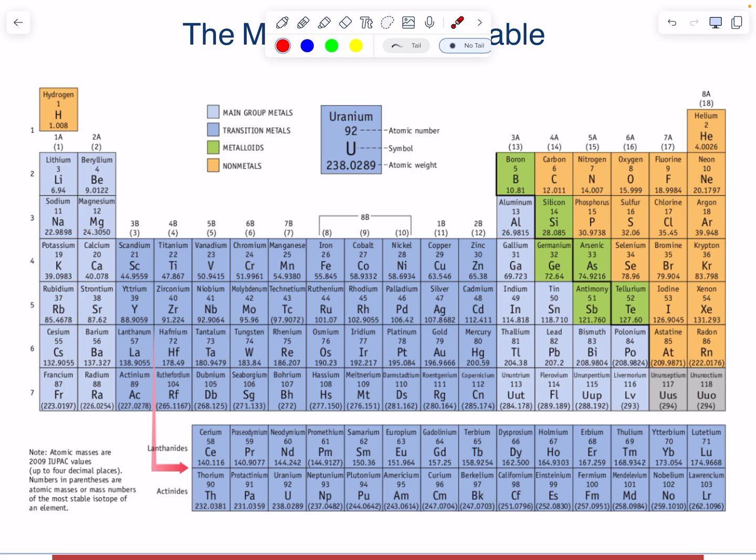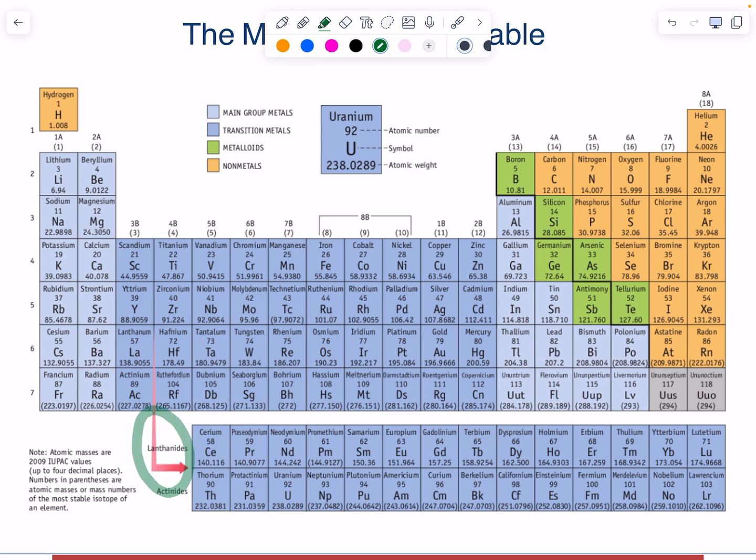It pretty much correlates with mass, but that's the principle that we use today to organize the elements.